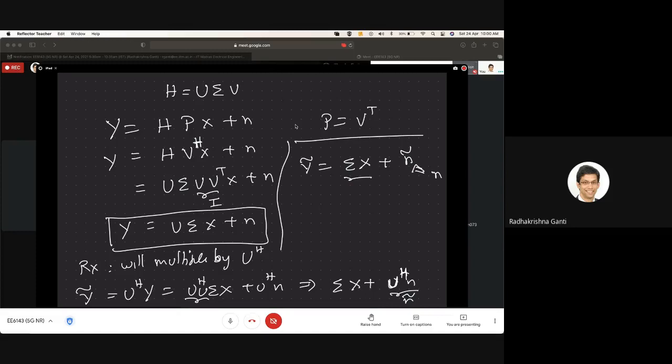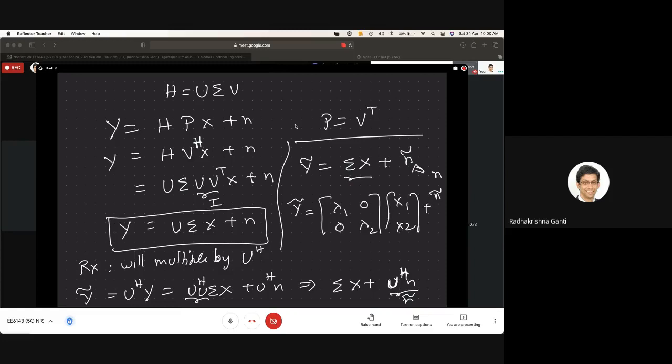Remember sigma is a diagonal matrix. For example, if the channel was 2 cross 2, what will sigma be? I'll put it as lambda 1, lambda 2, both the singular values of H, with 0, 0 off the diagonal, times x1, x2, plus noise.